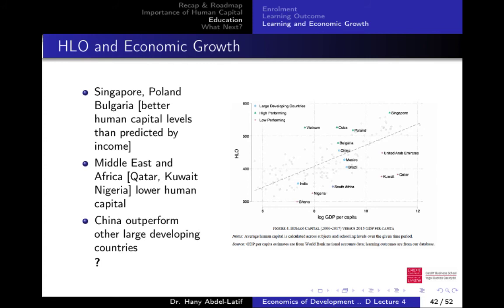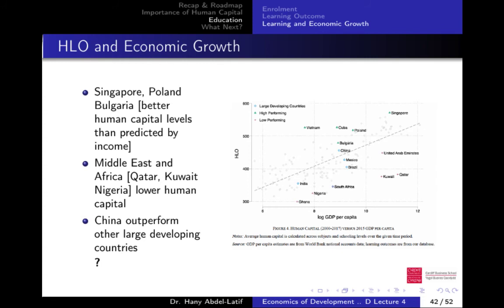Singapore, Poland, Bulgaria are all above this line. That means they are above average in terms of what we would predict using their income level. This is not growth actually, this is just income level, log GDP per capita.